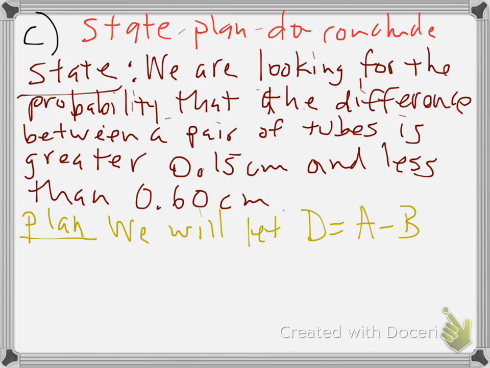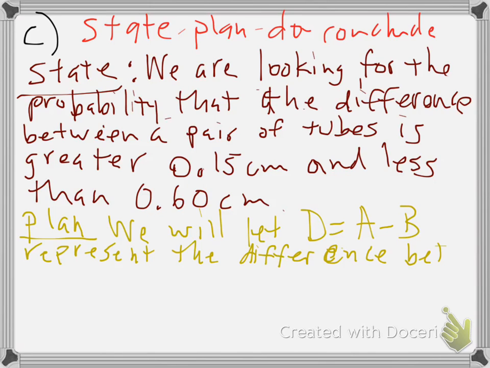B is designed to be the smaller one, so that's the one that's going to fit inside of A. We will let D equals A minus B represent the difference between the diameters.